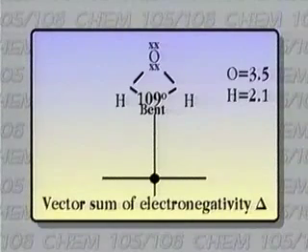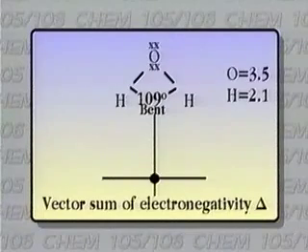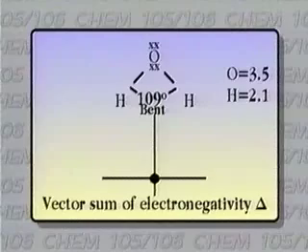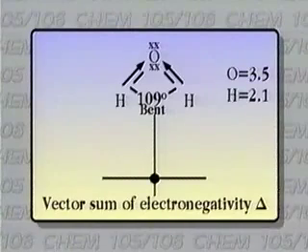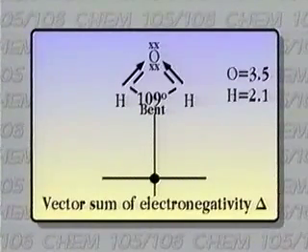Hydrogen, 2.1. So there's an electronegativity difference between those two of 1.4. And oxygen is the one that is more strongly attracting, so we would draw the vector then in the molecule here as acting toward the oxygen. So the oxygen would be negative, the hydrogens would be positive.